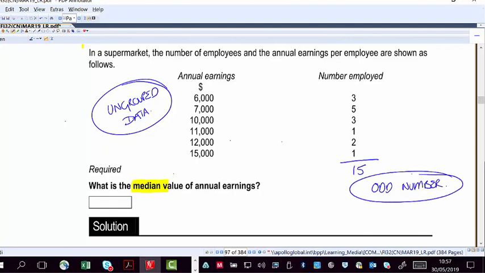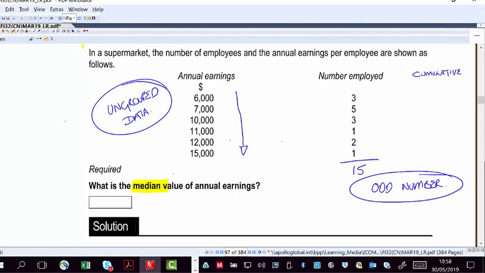As we said, we need to organise the data from the lowest to the highest, and we can see that that's actually already been done for us. So it has been ranked from the lowest to the highest. But what we need to do is look at the cumulative number, so that we can start to see what the middle item is.